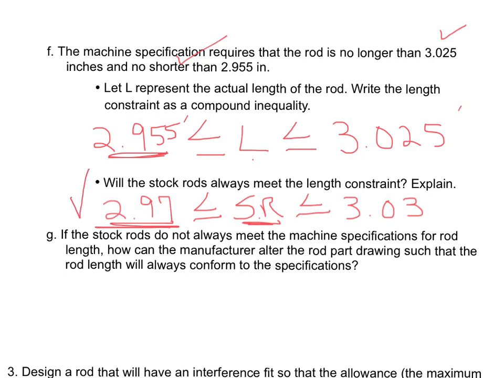If it has to be less than or equal to 3.025, but mine is going to make it less than or equal to 3.03, it does not meet it. So I would say no, it does not on the higher end.